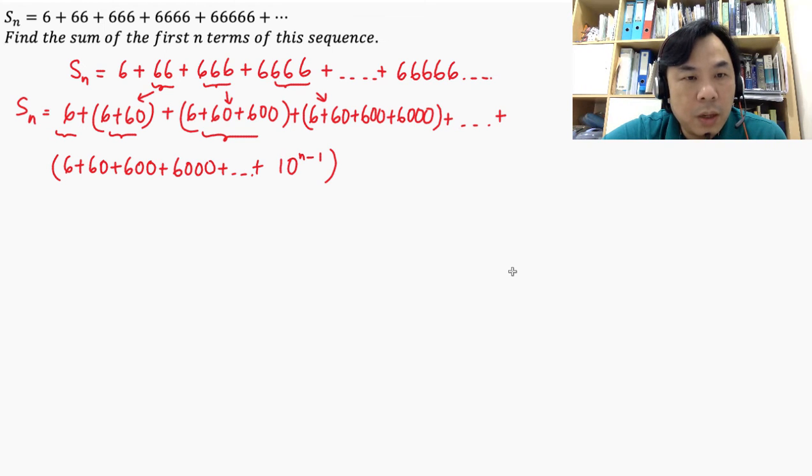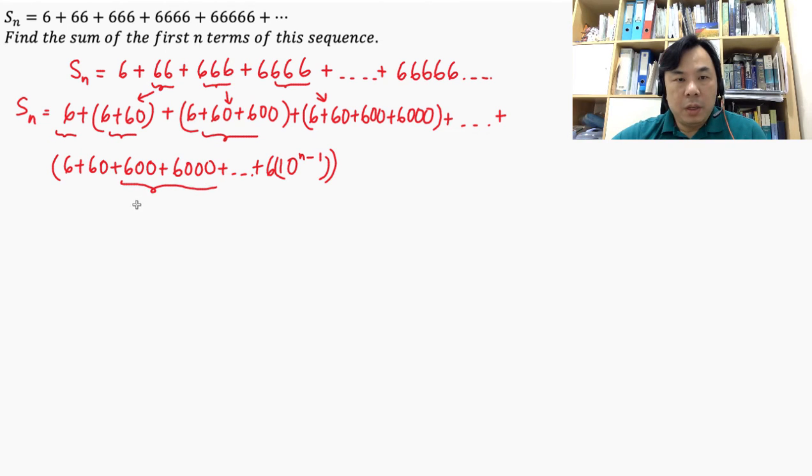Let me see whether I got that correct or not. The first term is 6. Sorry, I forgot that, so there's a 6 here. So there you have it. This is the sum until the n-th term when we reach the last term here. So we have n terms inside the bracket. I hope that's clear.